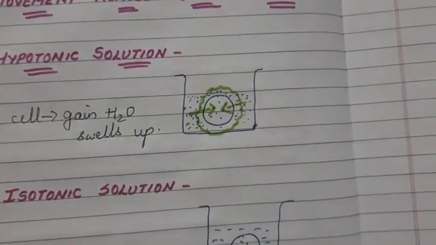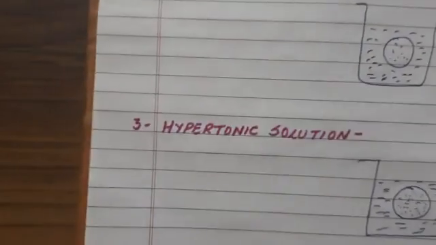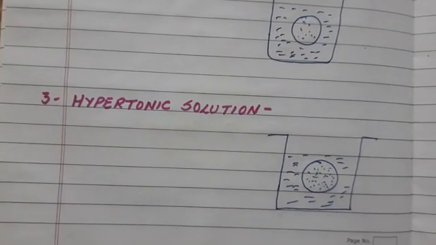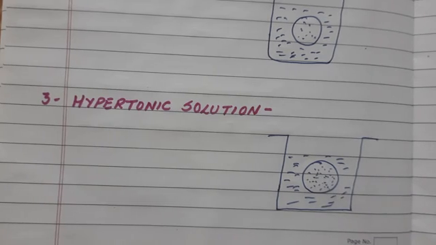Clear? Then we come to another solution, which is the hypertonic solution. Now what will happen in a hypertonic solution? In a hypertonic solution, the medium has a lower concentration of water than the cell, that means the cell has more water as compared to the outside medium.